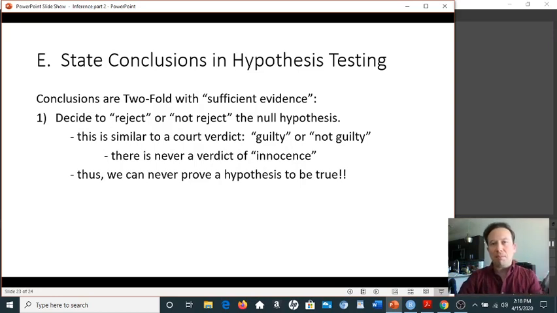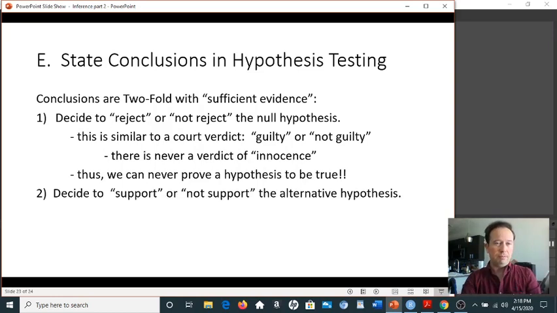It's the same process as statistical hypothesis testing. For the alternative hypothesis, we use the words support or not support. If you reject the null hypothesis, you in turn support the alternative, whereas if you do not reject the null hypothesis, you will not be supporting the alternative hypothesis.